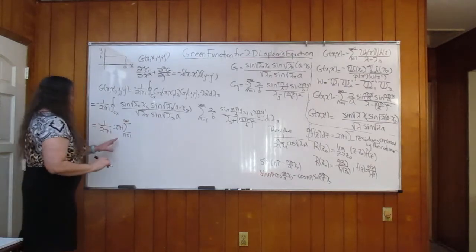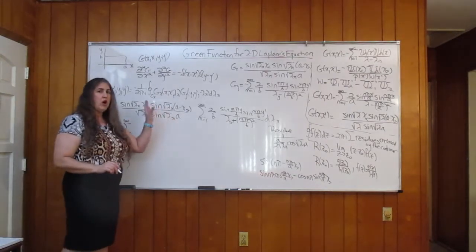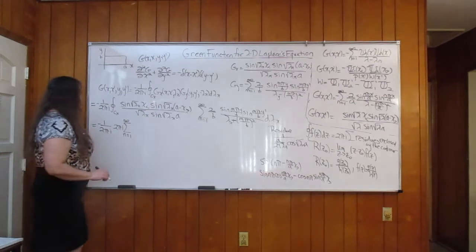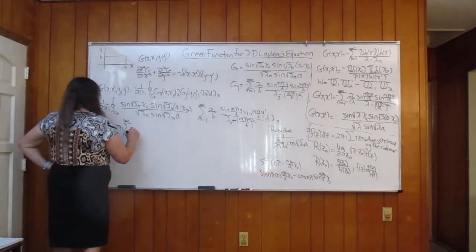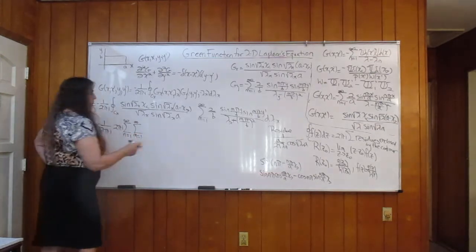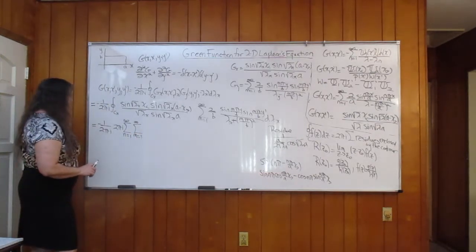And again, we're taking a contour such that it encloses all the poles due to this Green's function. And I'll pull both summation signs out front.